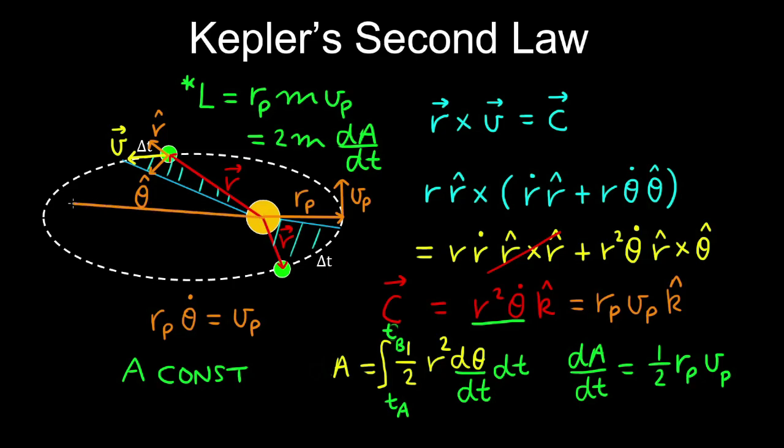So in other words, if we take a radial vector to aphelion, then the planet travels at a slower speed because the distance to the Sun is larger, such that the angular momentum remains constant. So this is the conservation of angular momentum.